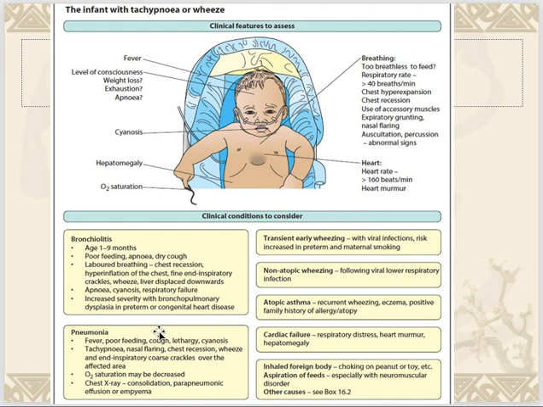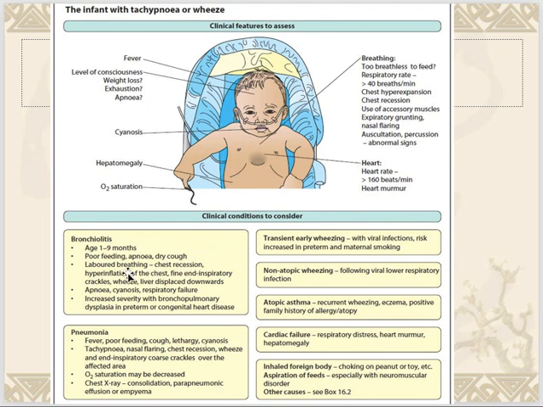Now, how do they present? It's a viral infection, so they present with runny eyes, runny nose, things like this, with cough, rhinorrhea, a little fever, difficult feeding, all the things which you have done before. But basically they have wheezing, crackles, respiratory distress, tachypnea, tachycardia, retractions, and all these things.